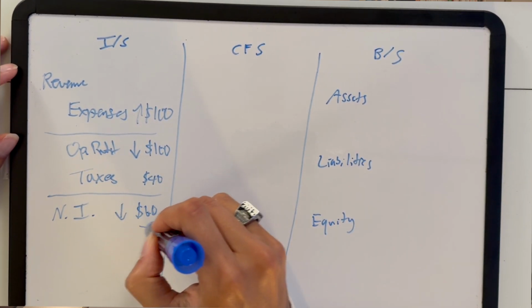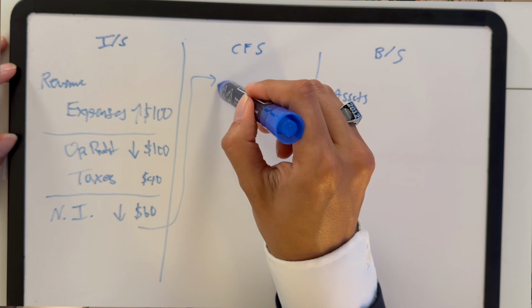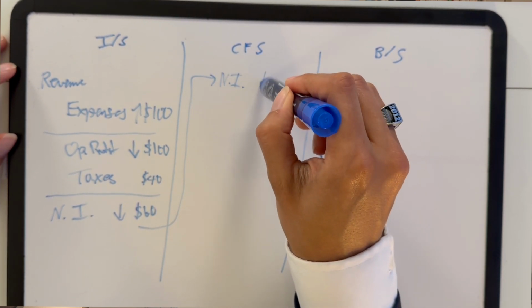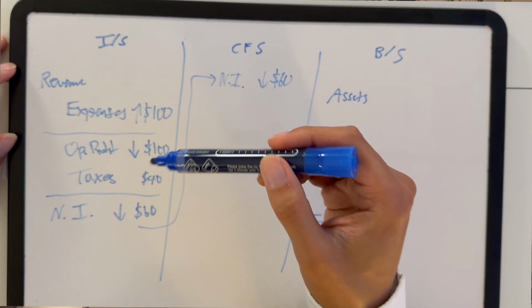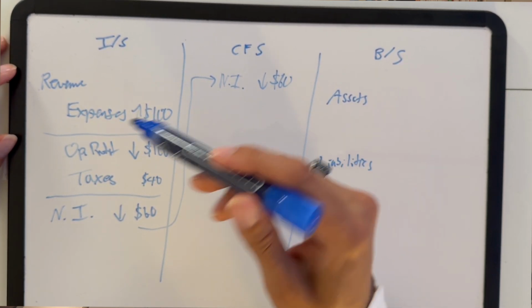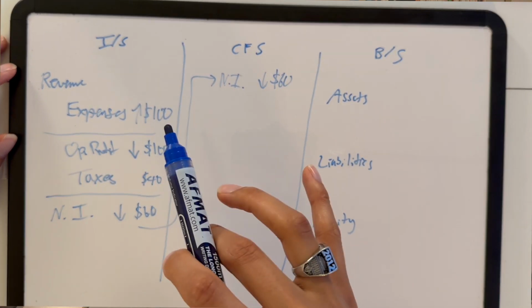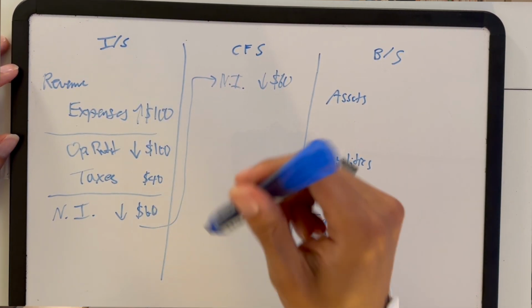So net income flows into the cash flow statement. That's what's next. So we have our net income at the top of operating cash flow go down by $60. Now, because we're writing this asset down as a complete loss, remember, this is a non-cash charge, so we have to add this back to the cash flow statement in order to understand the actual amount of cash that changed hands here.